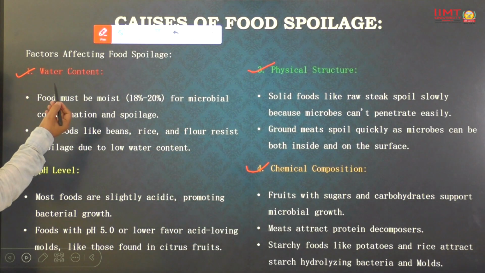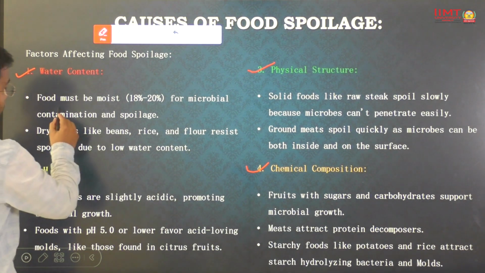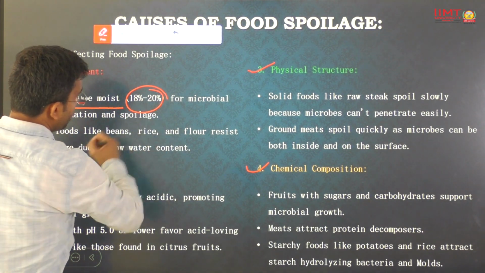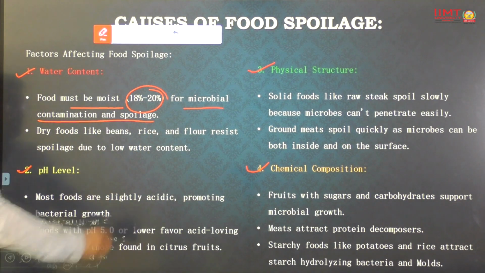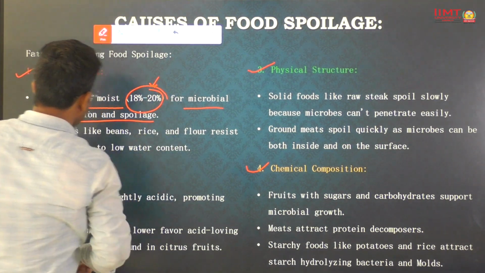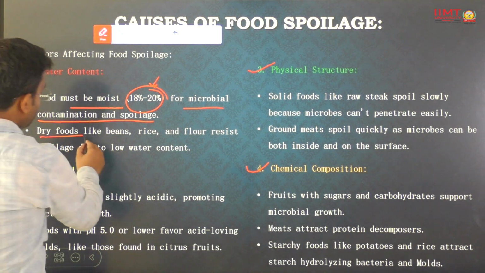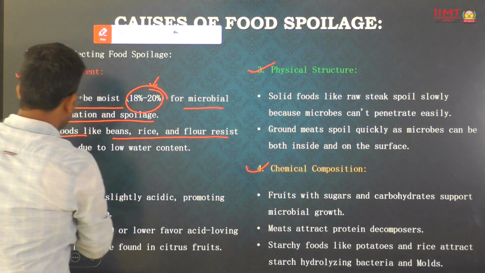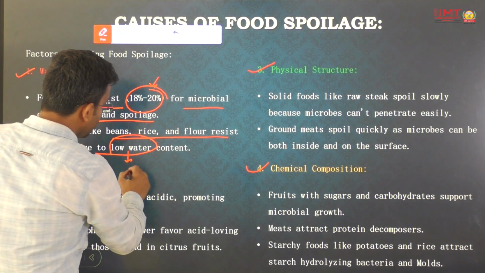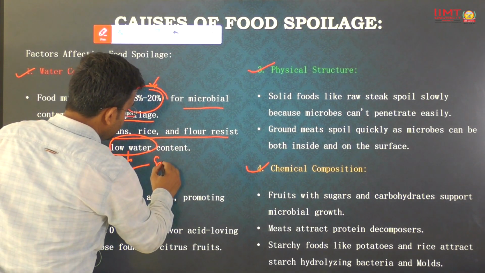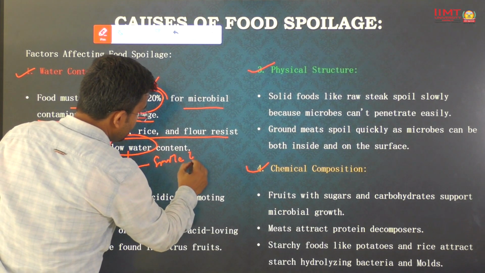In terms of water content, food must be moist, around 20 to 80%, for microbial contamination and spoilage. In this condition, microbes will survive. Dry foods like beans, rice and flour resist spoilage due to low water content. If water content is low, then the chance of spoilage is less.